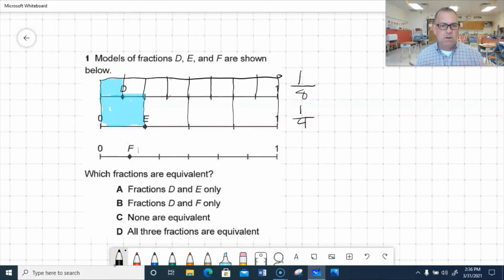What fraction does F represent on that number line? Okay, I'll do the same thing. We'll just extend up to the other number line, and then I would shade in to the dot on the number line.